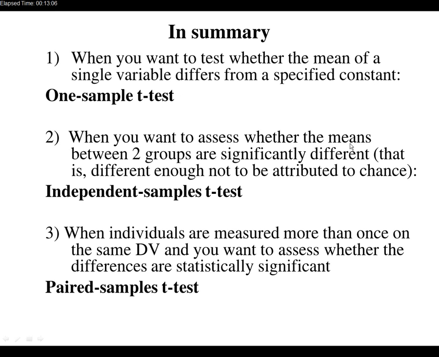When you want to assess whether the means between 2 groups are significantly different, you use the independent samples t-test. And when individuals are measured more than once on the same dependent variable, and you want to test whether the differences are significant, you use a paired sample t-test.